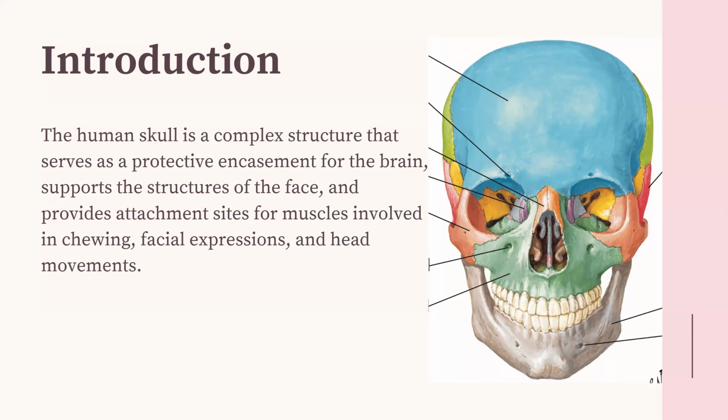If you had a brain transplanting surgery, you won't be you anymore. You'll be another person. So one of the fundamental functions of the skull bones is the protection of the brain and support of the structures of the face.